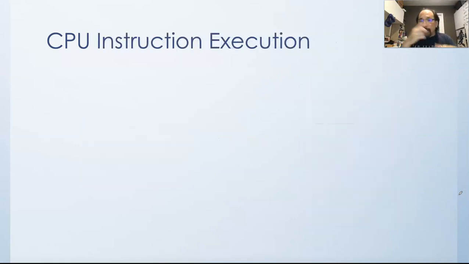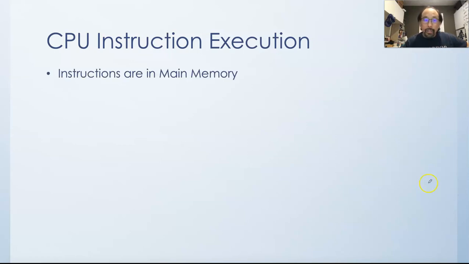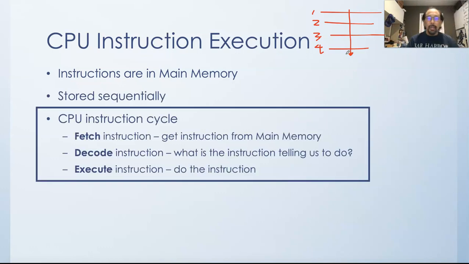Let's look at now how a CPU cycles through instructions. Now instructions are stored in main memory, and typically they're stored sequentially, say address 1, address 2, address 3, 4, etc. And you have instruction after instruction after instruction that the CPU executes. It follows this cycle. Step 1, we fetch the instruction, and think of that as a read.